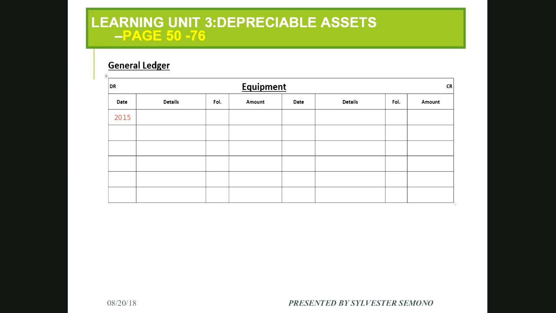So guys, let me first try to edit this. 2015, March. I'm just trying to fit it, but it doesn't fit there. Okay, that is the date. And then what will we write under details?